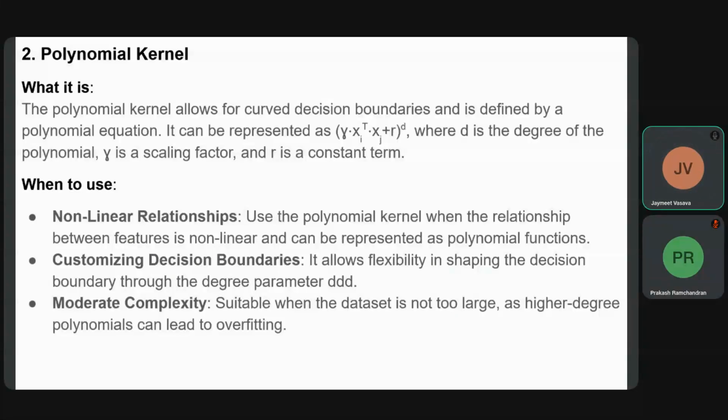We use polynomial kernels when we are able to define the relationship of the data points with the help of a polynomial, so when the data is nonlinear and can be represented as polynomial functions. For customizing the decision boundaries, it allows flexibility in shaping the decision boundary through a degree parameter.